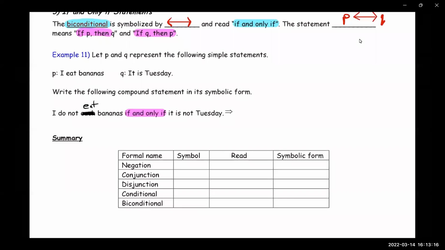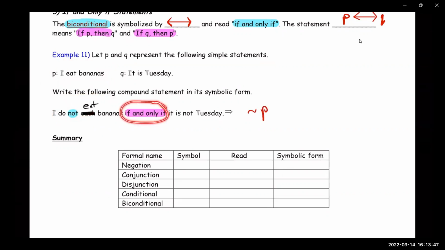So what letter would I start off with first? Squiggly line P. Yeah, because P is "I eat bananas," but "I do not eat bananas" would be squiggly line P. Very good.